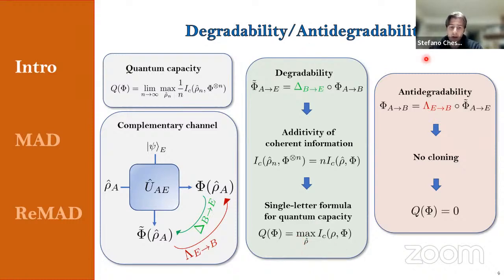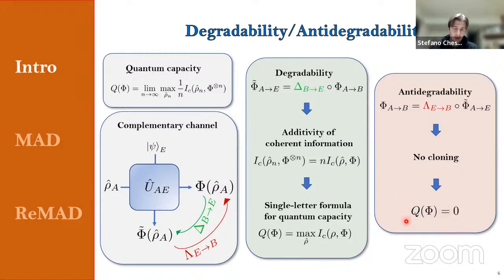Anti-degradability goes the other way around, in the sense that a channel is anti-degradable if we can express the channel as a composition of the complementary channel together with a suitable other quantum channel, here called lambda. And due to a simple no-cloning argument, if a channel is anti-degradable, its quantum capacity will be trivially zero.